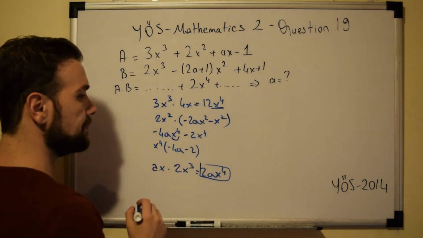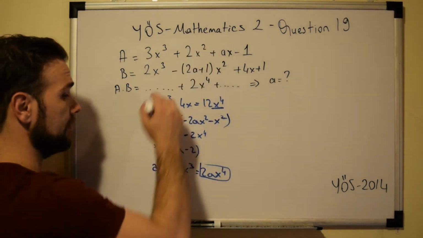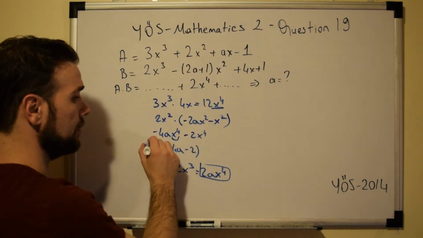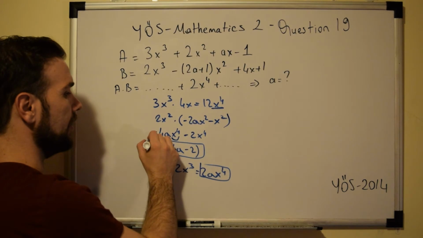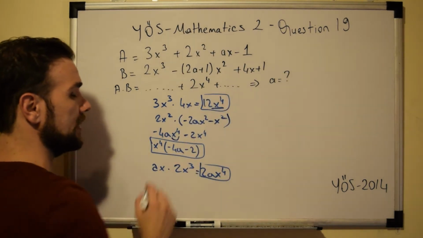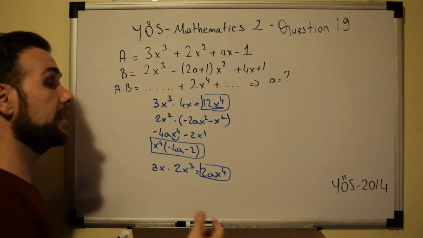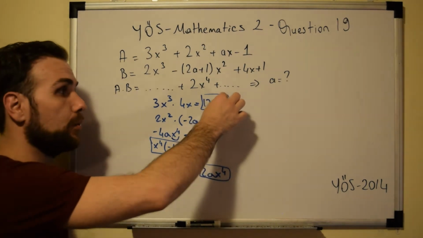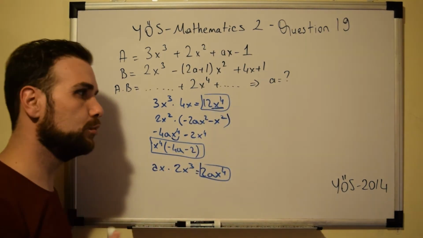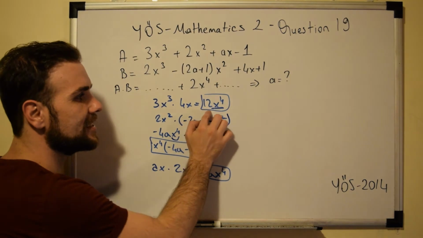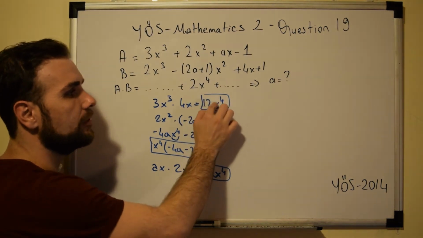So the product of these variables gives me a product where we have x to the power of 4. Now all we have to do is sum the factors of x to the power of 4.